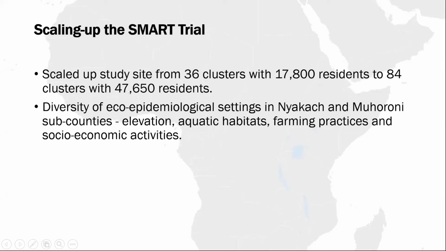And also you can see the residents also increased. And with diversifying to Muhoroni from Nyakach in these 2 sub-counties, we have diversity in terms of eco-epidemiological settings, in terms of elevation, aquatic habitats, farming practices, and socioeconomic activities.